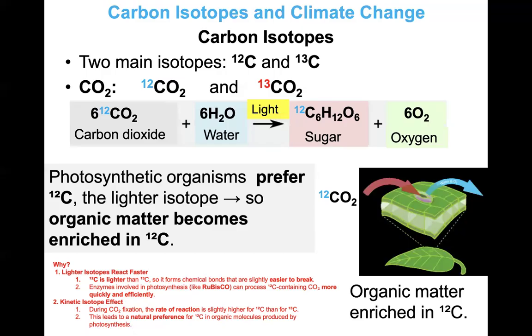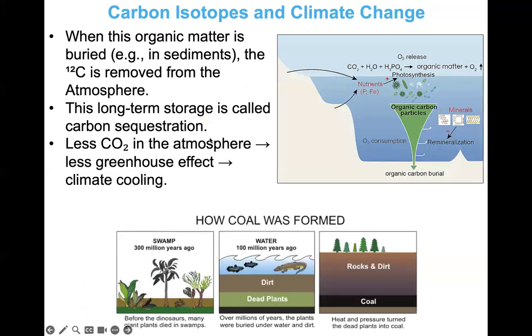So what does this mean? It means that the plants become rich in C12. Why? Because they prefer to remove C12 from the air rather than C13. Because they take C12 a lot, they become rich in C12. These are living things, either in the ocean, because in the ocean we also have phytoplankton, or plants.